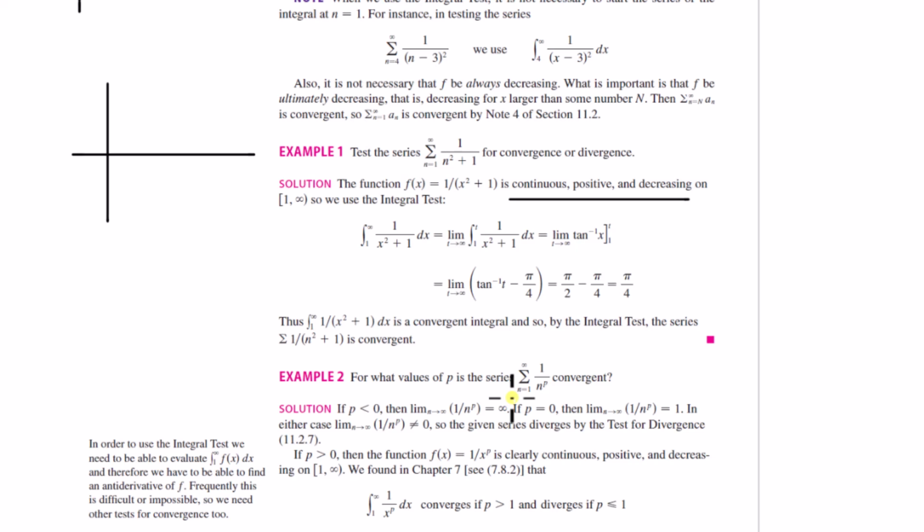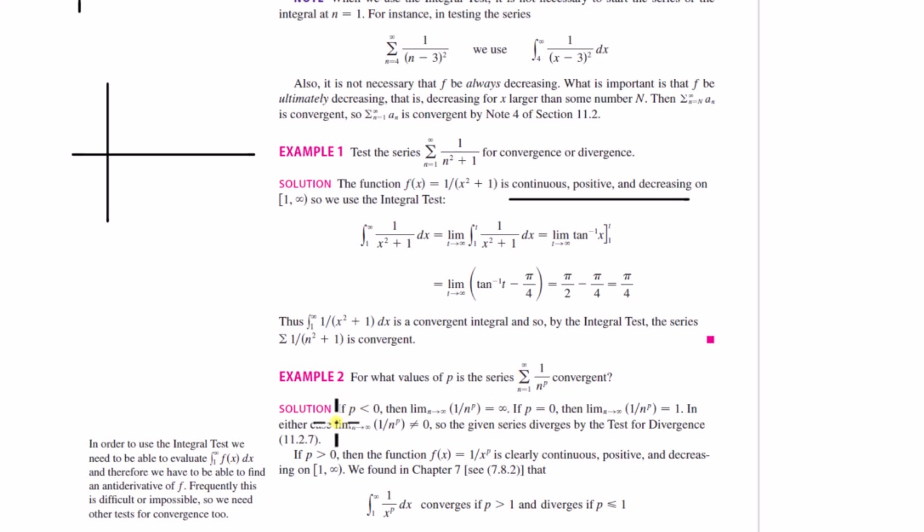Well, 1 over x to the p, where p is any real number, for certain values of p, that is the case. That f of x is continuous, positive, and decreasing, going from 1 to infinity.